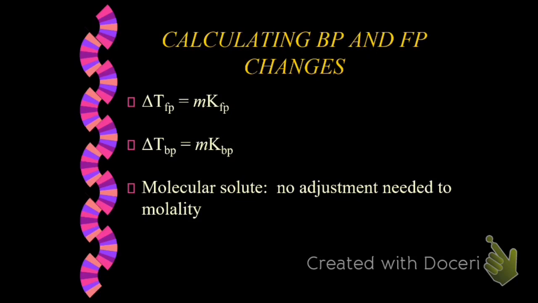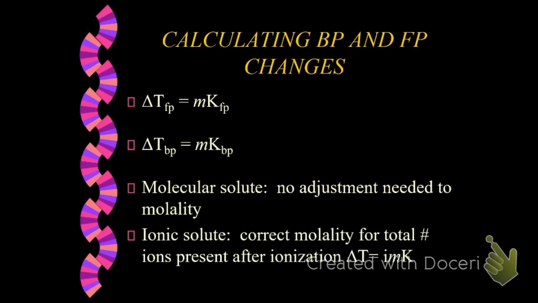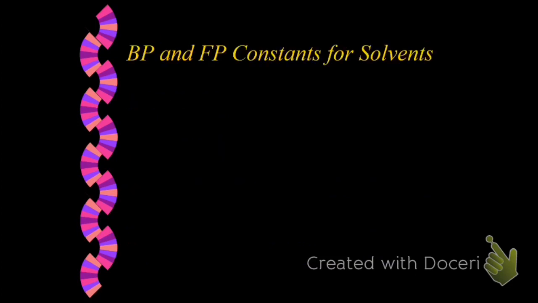However, as we have previously discussed, if I have an ionic solute, that ionic solute breaks into the individual ionic pieces, meaning that if I have a 1 mole solution of an ionic compound, I'm going to have to adjust it based on the number of ions that are present. And so in our equation above, we will add an i for that correction if we have an ionic solute, right?